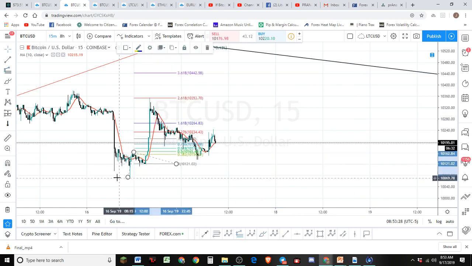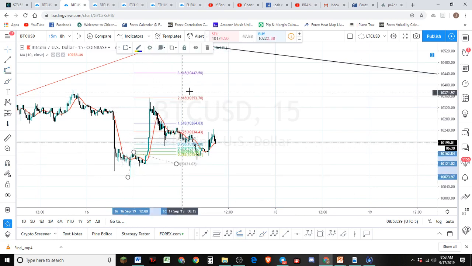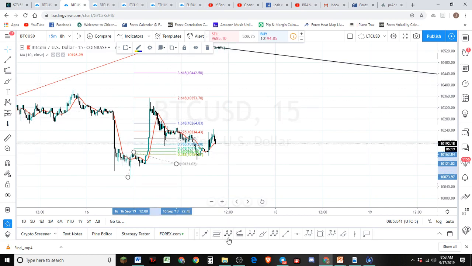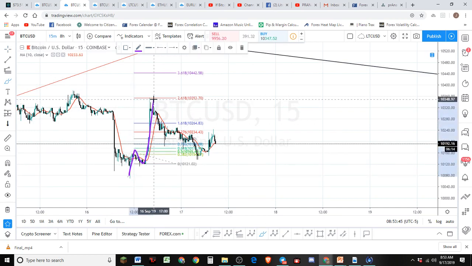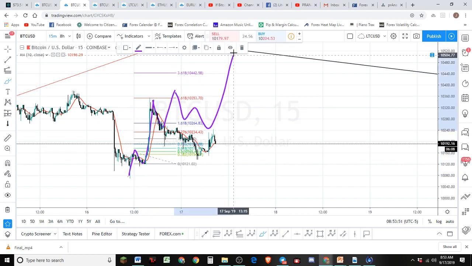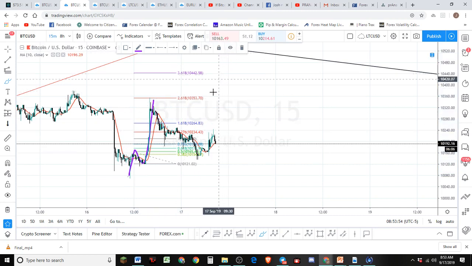It would look like an impulse wave that came up to an impulsive Fibonacci level, right? But it's only 3 waves, and it didn't finish the 5th wave. It didn't come down and then continue on up. That's what we call a failed wave. It measures impulsively. Okay, I guess I'm talking about failed waves now. It measures impulsively, but it doesn't finish that 5-wave impulse and then give you the correction. And that's exactly what we've had here.